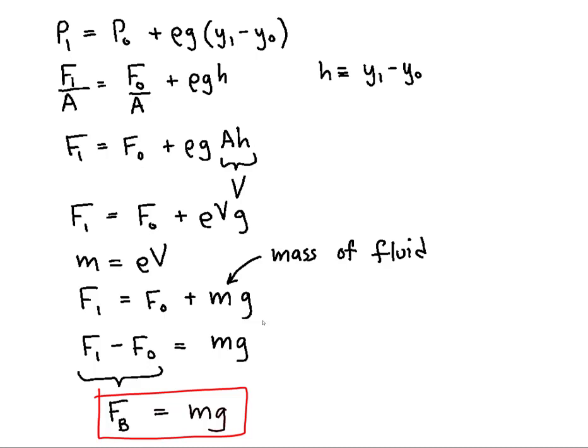But more accurately, the buoyant force is due to the amount of fluid displaced by your object. That amount of fluid that's displaced has a weight, and the weight of that fluid corresponds to the upward force that the fluid exerts on the object.